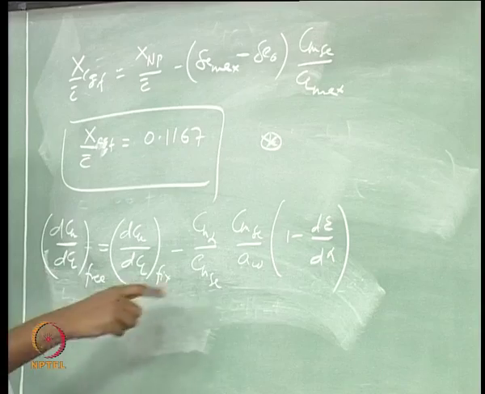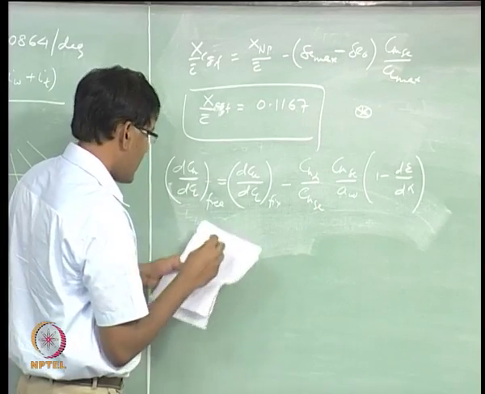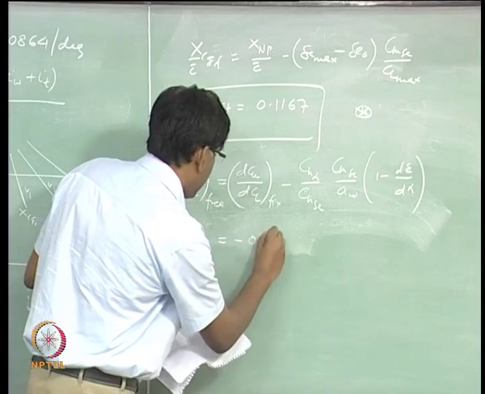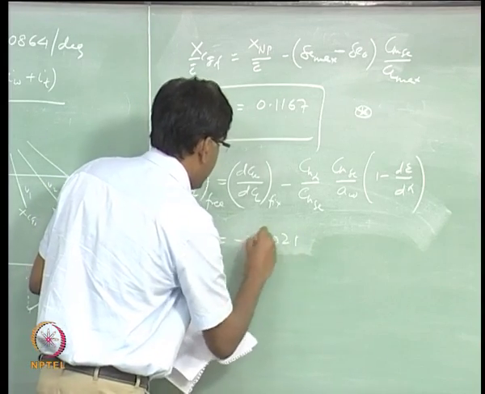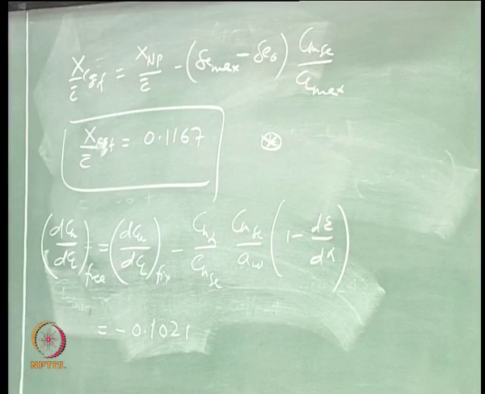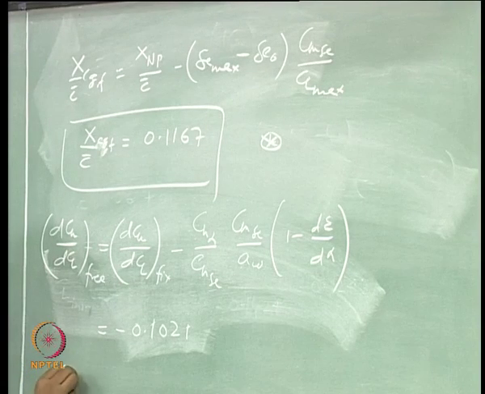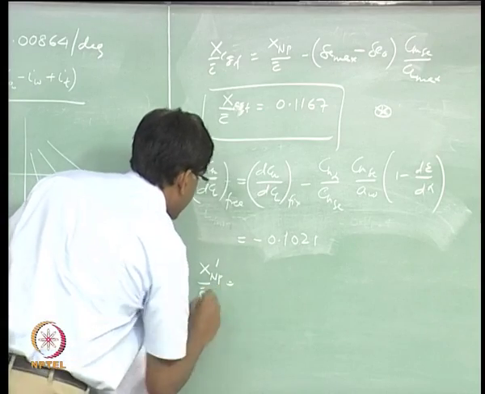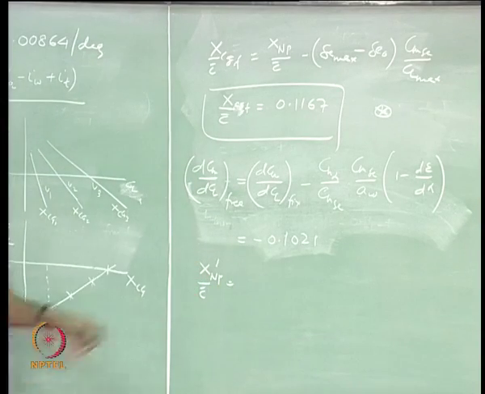So, we know all these numbers here, you can find out what is this quantity. So, x NP free is the stick free neutral point.